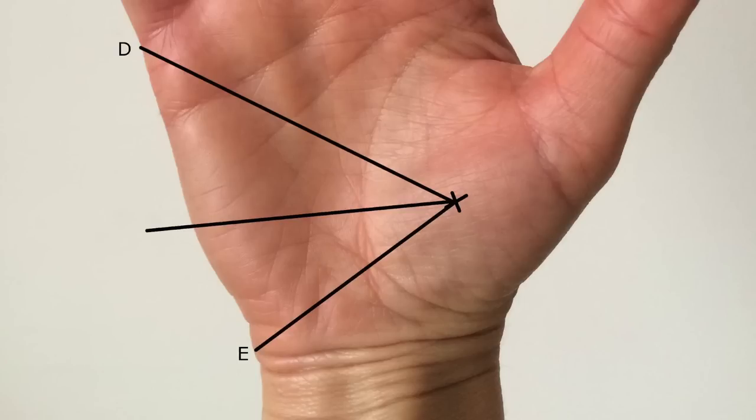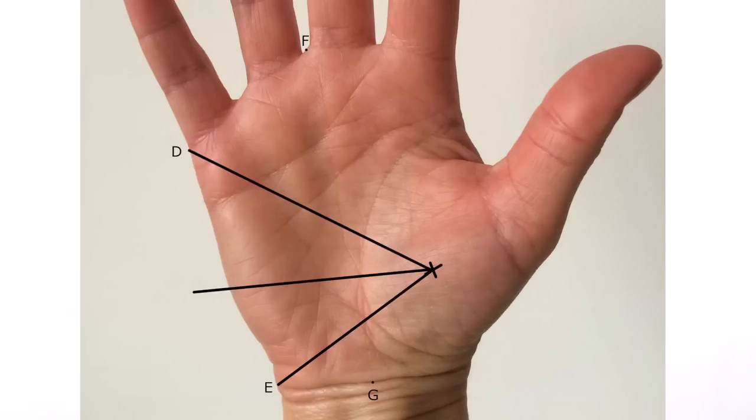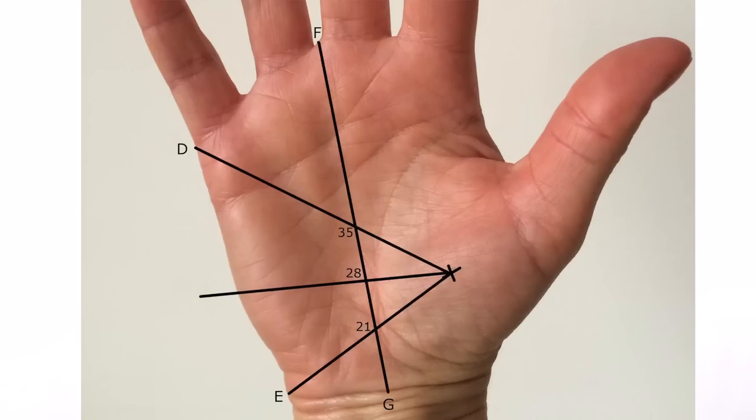And then we are going to determine the point between Saturn and Sun at the top of the hand, which I called point F, and then extend it to the bottom of the hand, which will be the middle of the wrist, and this point will be point G. And we can draw a line between F and G.